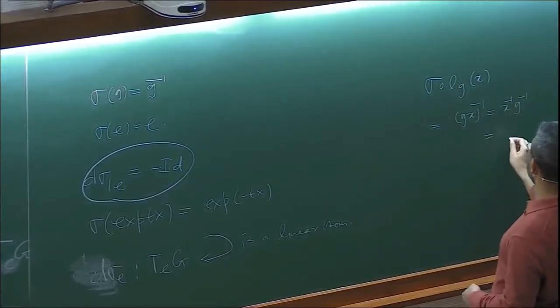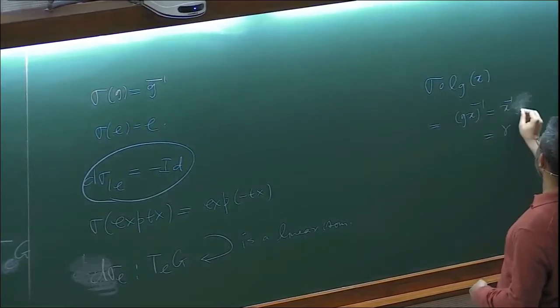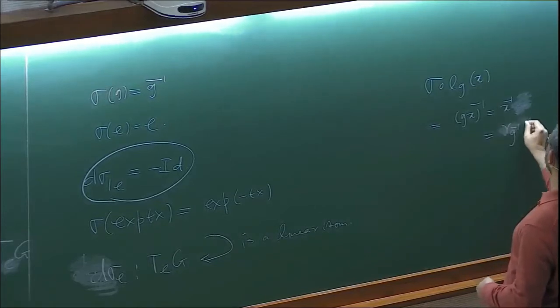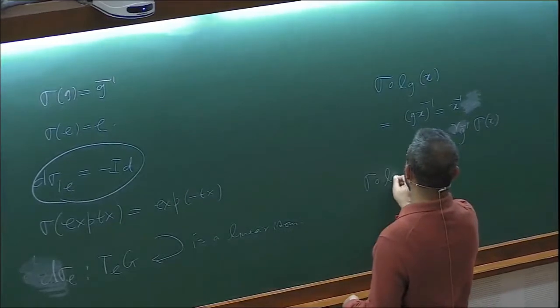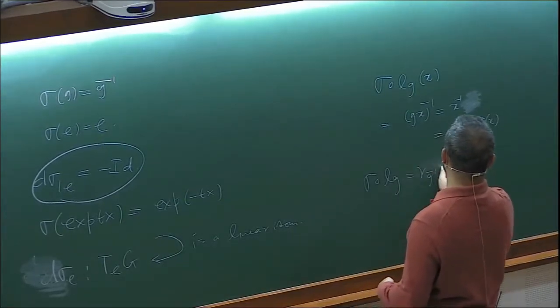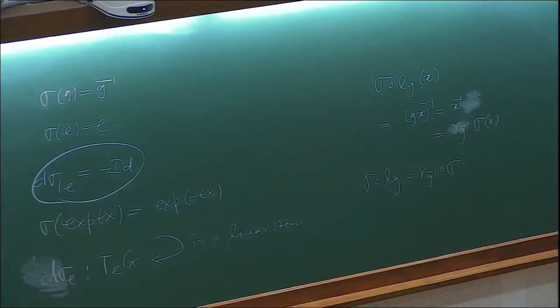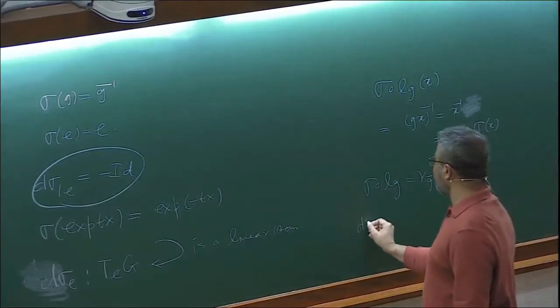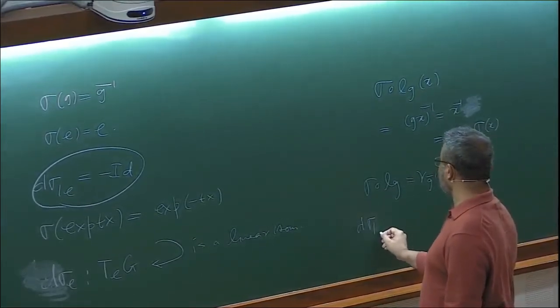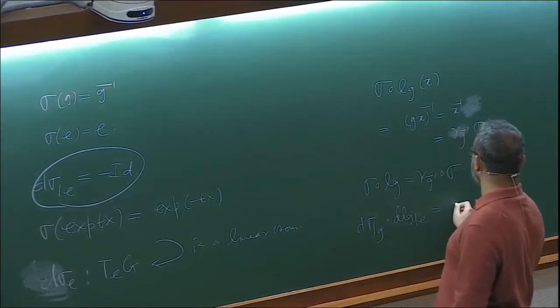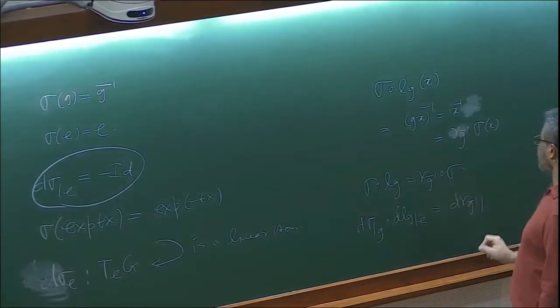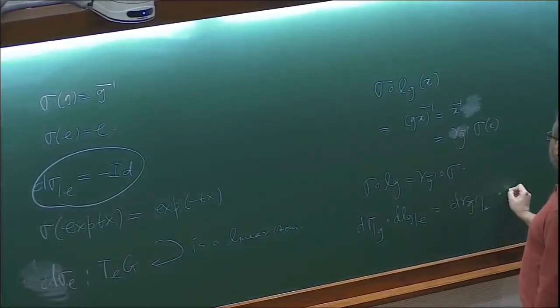So this is R_{g inverse} sigma of x. So sigma L_g is R_{g inverse} sigma. And I have the chain rule for the derivative, and this says that d sigma at g composed with dL_g at identity is dR_{g inverse} at the appropriate point and this d sigma at identity. So what does it say?